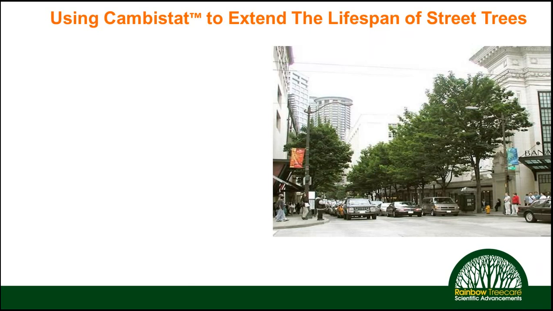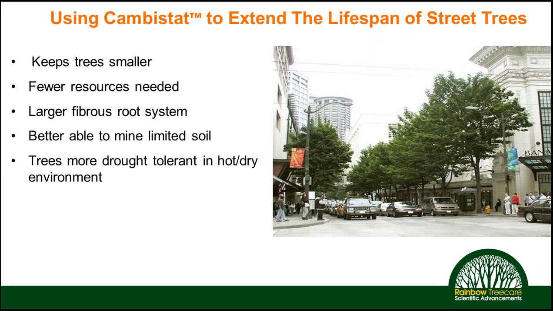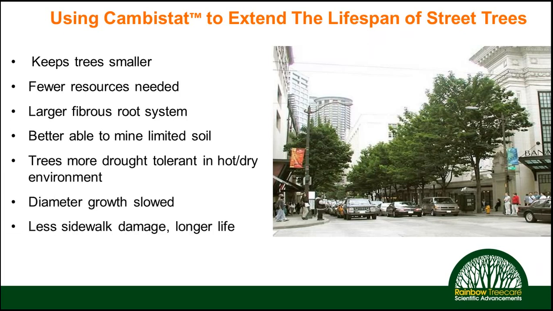So maybe Cambistat might help slow down the growth rate, because the cities don't have the funds to do annual pruning. They just don't have it. So this is what Cambistat can do for you, and we all know the benefits. The next thing is how do we apply it?